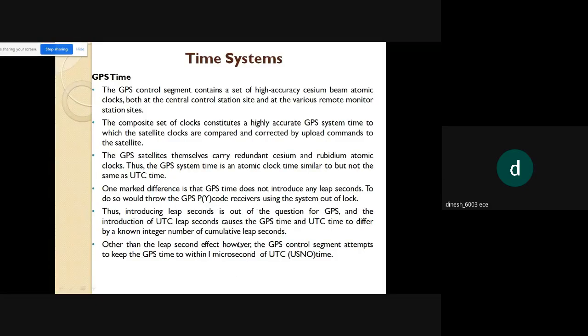However, this leap second effect will have an impact on the control segment of GPS of 1 microsecond. Just 1 microsecond of delay can be obtained by using this GPS time with respect to UTC, which can be negotiated.